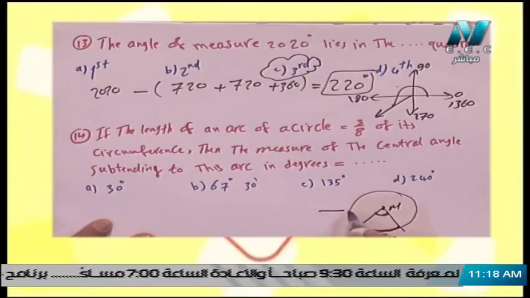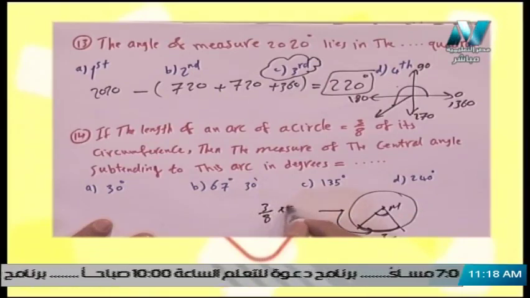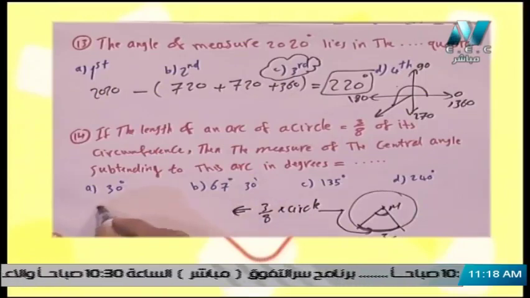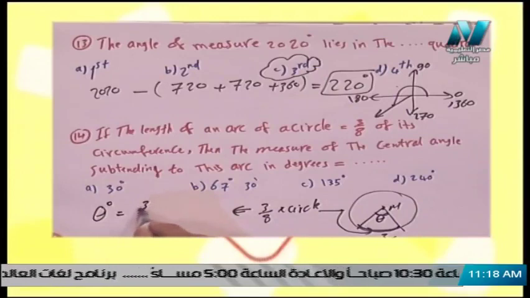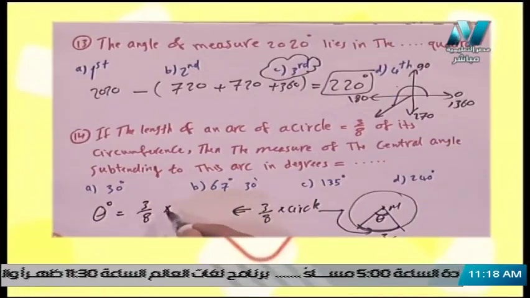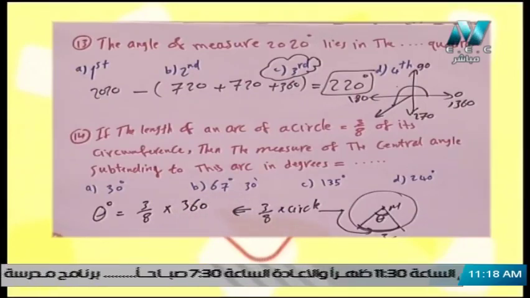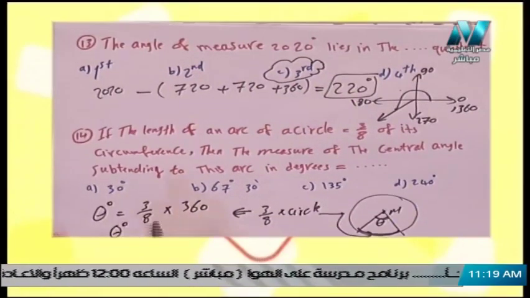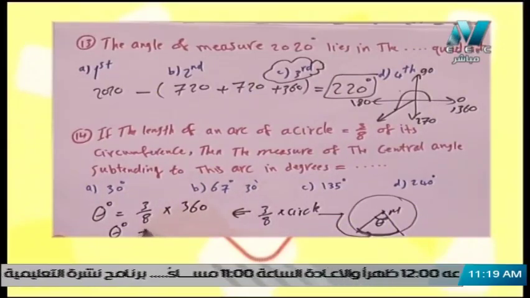If this arc equals 3/8 of the circle, then the central angle, theta degrees, here equals 3/8 multiplied by 360. By using your calculator, you can find out that theta degrees equals 135.